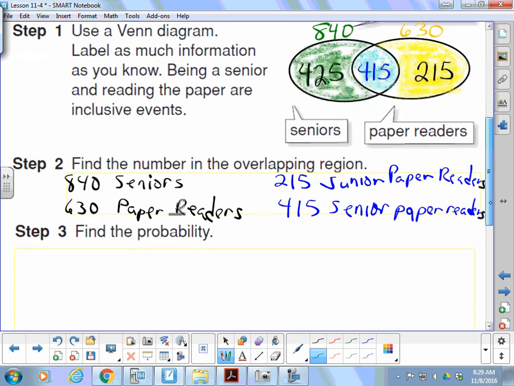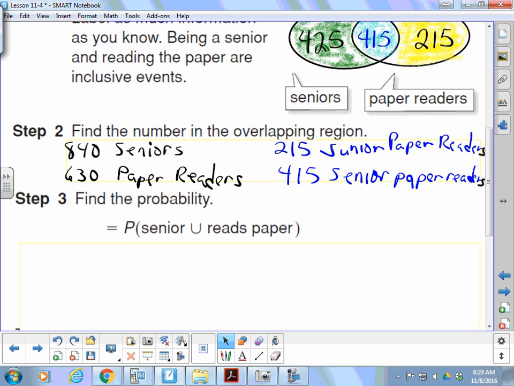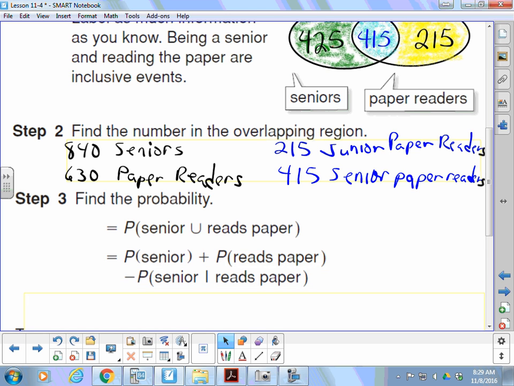So, all right, let's find this probability. So we have 1,560, right? People all together. So we want to have the probability that someone is a senior or they read the paper. Okay, remember that the U is or. So we have a probability that someone is a senior plus the probability that they read the paper minus someone who does both.